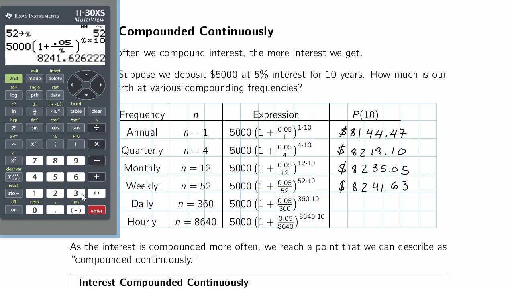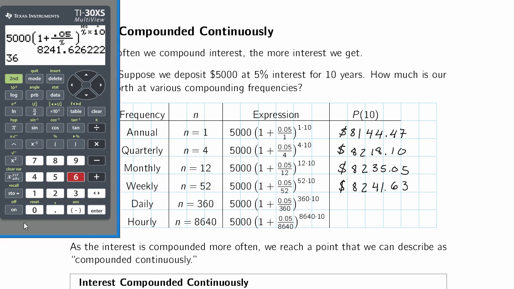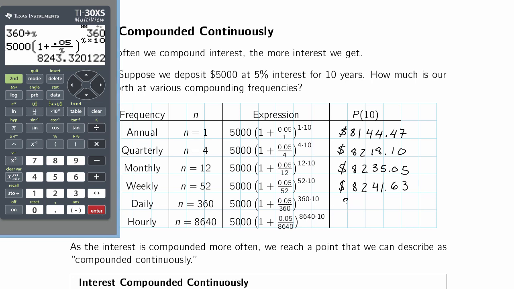Daily, again, we'll be finance people and we'll pretend that there are 360 days in a year. Oh, that got us like $2 extra, $8,243.32. What about hourly? And here we're still pretending that there are 360 days in a year, but we're using that there are 24 hours in a day.